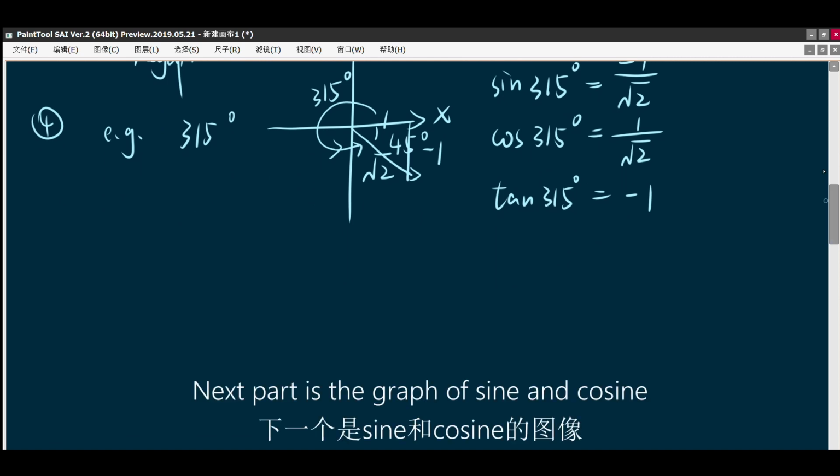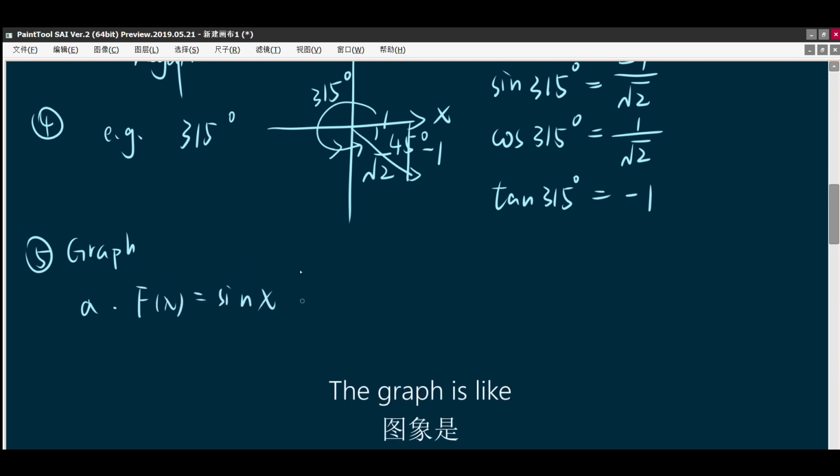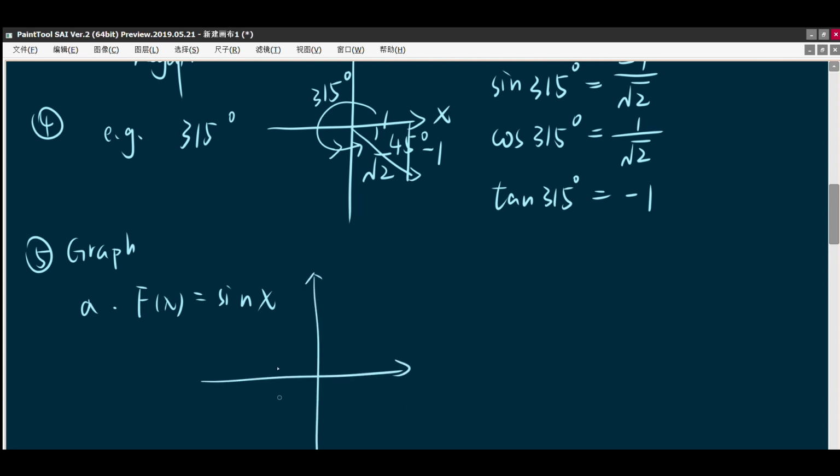Next part is the graph of sine and cosine. f(x) equals sine x. The graph is like this. This is the origin.